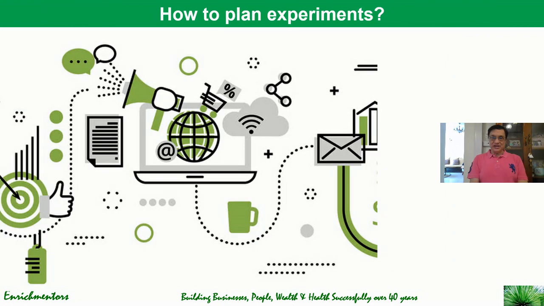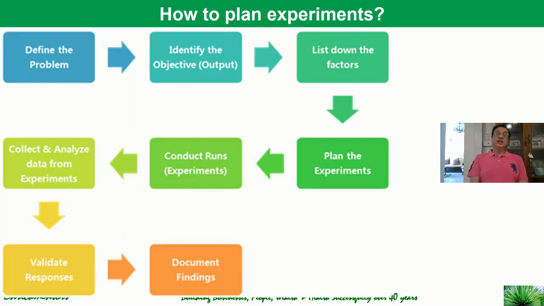So, how do you plan experiments? It has to start with defining a problem or an opportunity. Based on that, you identify the objectives or the output that you need to achieve. In this case, we need to maximize conversion or traffic, and based on those objectives you list down the factors that will make that happen. It's the famous equation: y, the output, is a function of x1 to xn.